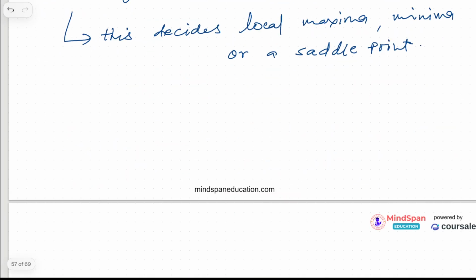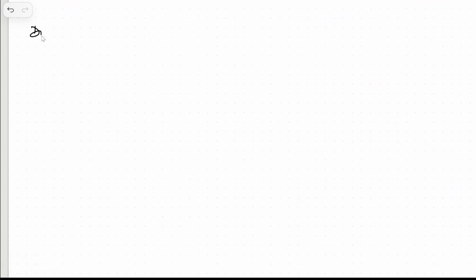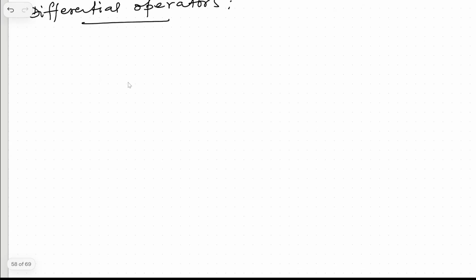Now, there are some differential operators that we use to calculate in machine learning. First we had gradient. Gradient is also an operator. We apply this gradient operator.